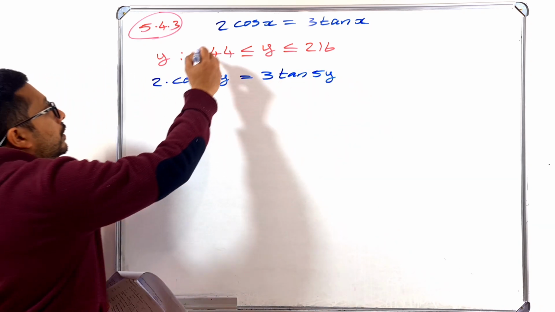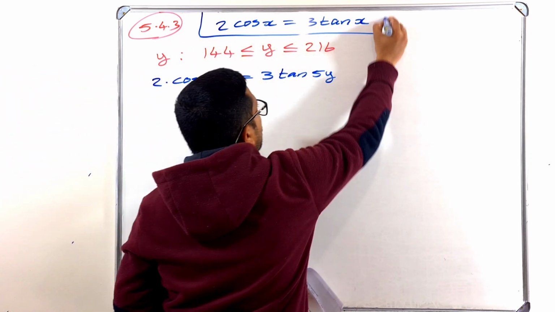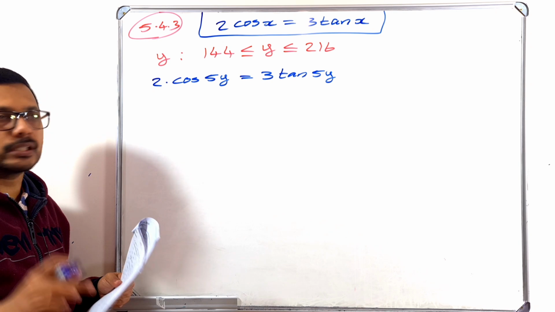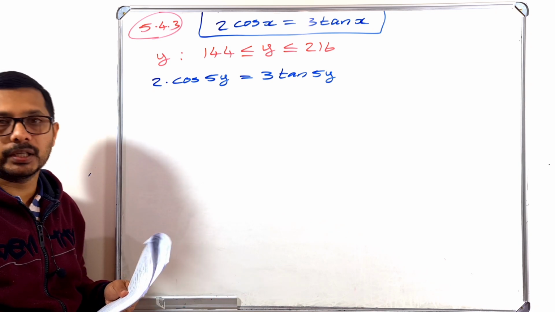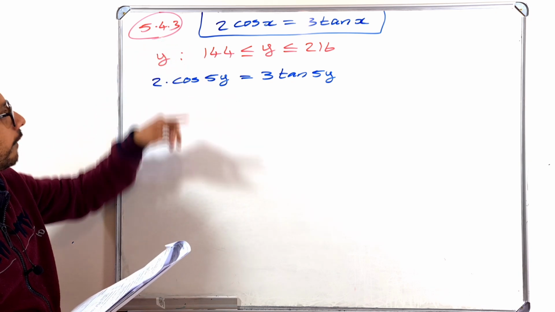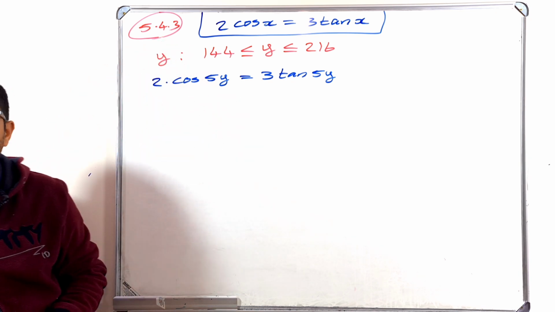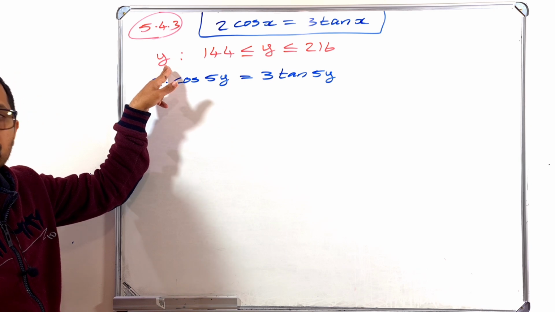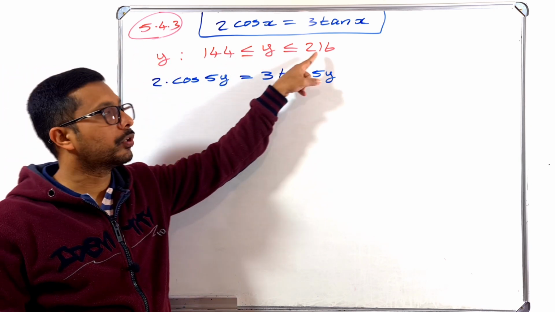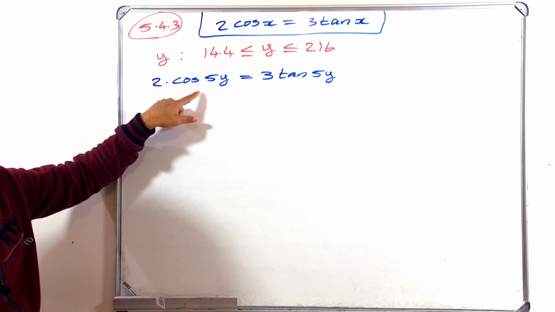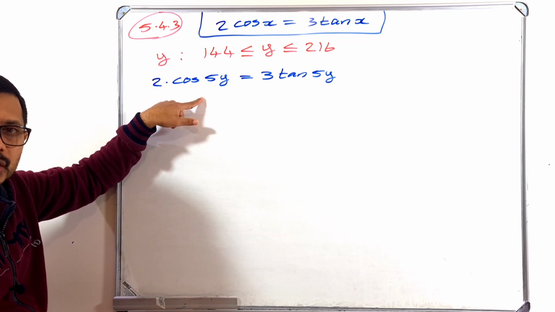This is not a part of this question. This is the given, a part at the beginning. It is given that 2 cos x is equal to 3 tan x. Now this one is 5.4.3. So listen once more. You have to find two values for y, and y must be between 144 and 216, and that are a solution of this new equation.